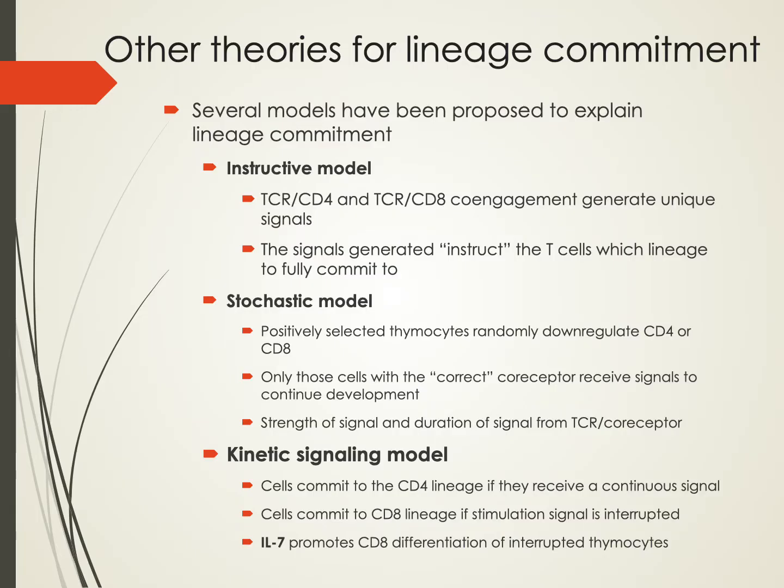So the other theories are that there are cues and signals, known as an instructional model, that are generated that instruct the T cell as to which lineage. So this is most similar to what we just saw, right? So the cues would be because the receptor is interacting. We also have the stochastic model. So this is where, through positive selection, it's just randomly one will get downregulated.